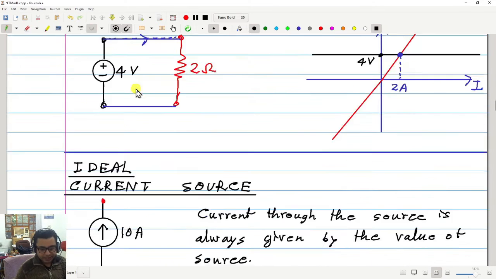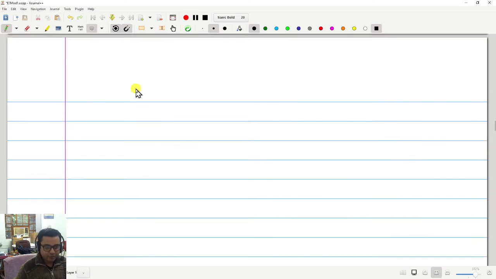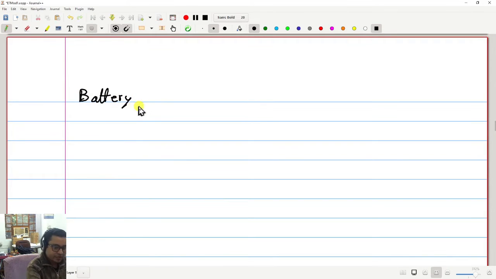Now, suppose you get a battery from the market, maybe 1.5 volt. Then that behaves somewhat like a voltage source, but not exactly like an ideal voltage source. Why?